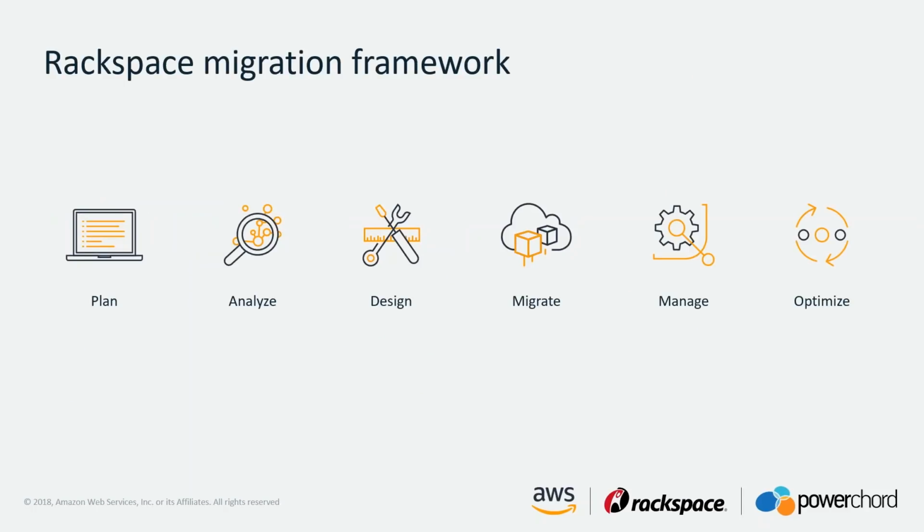So what was that process? What did it look like? Well, we worked together with our customers, and in this case, we worked with PowerChord. We like to organize things into a framework. We have 6 stages to that framework. They are plan, analyze, design, migrate, manage, and optimize.